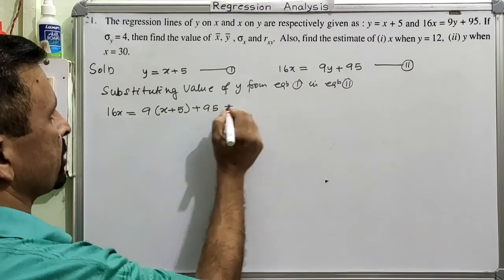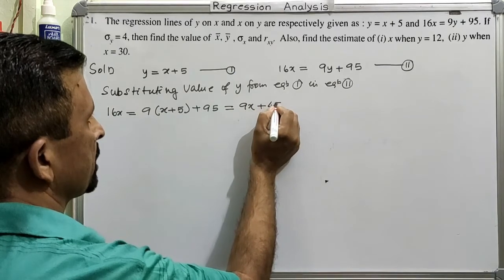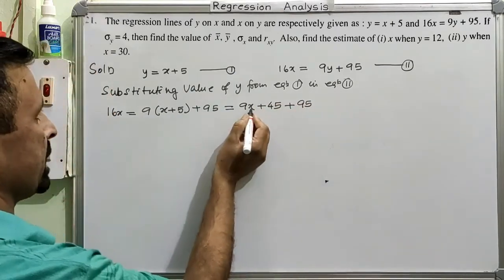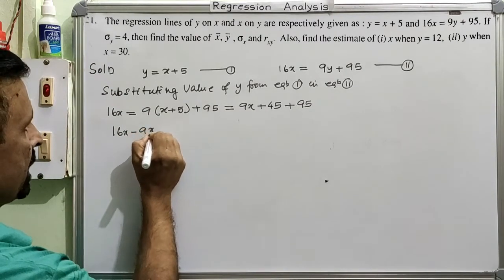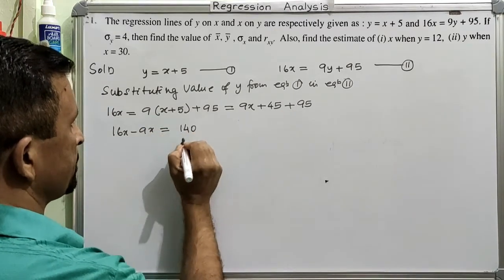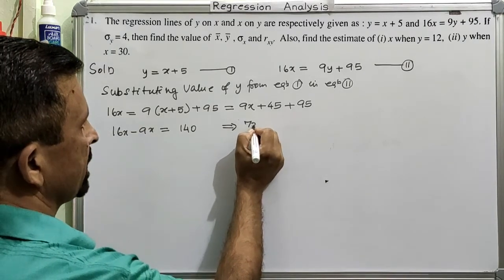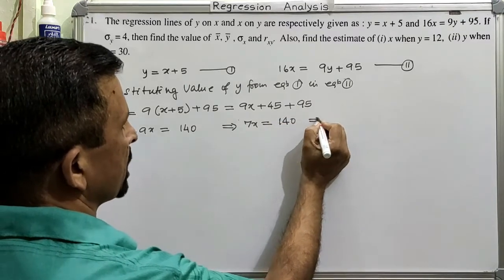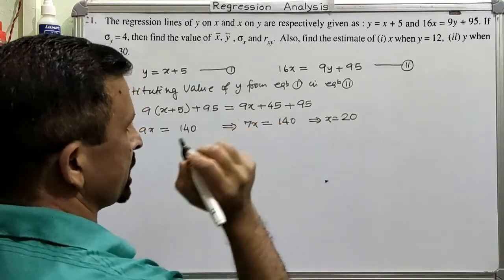Solve it now. 9 into x, 9x. 9 5s are 45, and then 95. Now let us collect the like terms. 9x will come to the left side. So 16x minus 9x is equal to 95 plus 45, which is 140. 16x minus 9x is 7x. 7x is equal to 140. And this implies x is equal to 140 divided by 7, which is 20 directly.